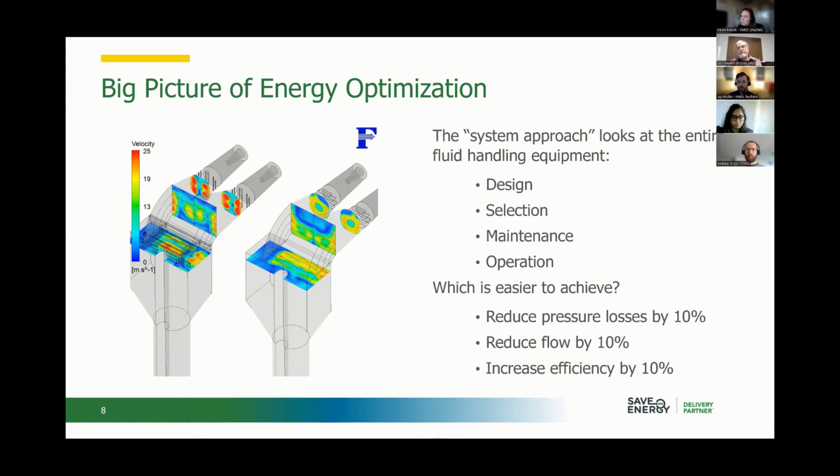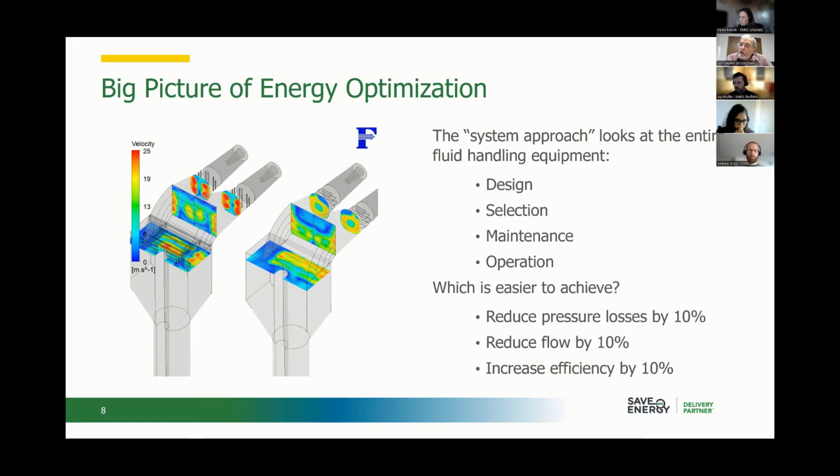We know that efficiency is output over input, flow times pressure divided by power. So two of those variables are in the numerator and one's in the denominator, but let's just ignore that. If you're going to reduce by 10%, let's say the impact of each one of those is almost the same. So which is easier to reduce?